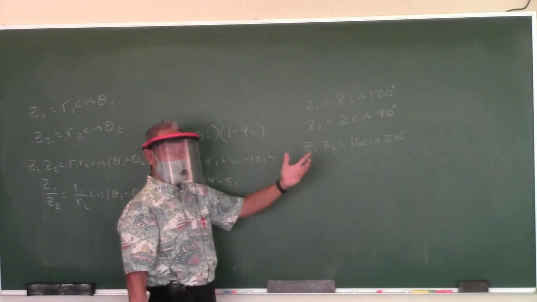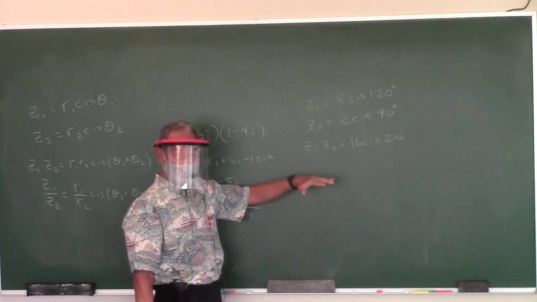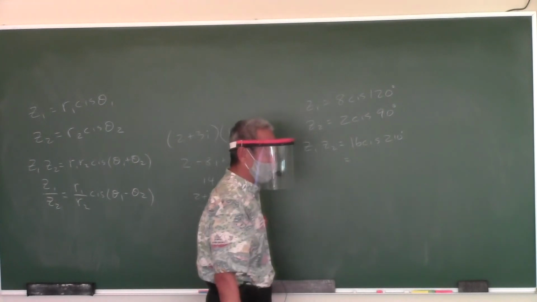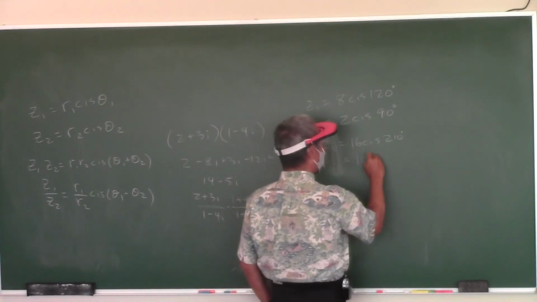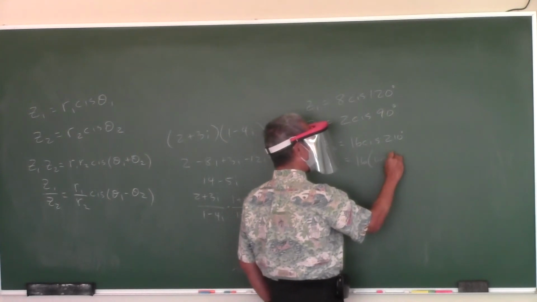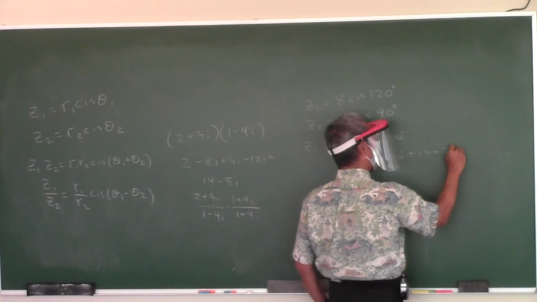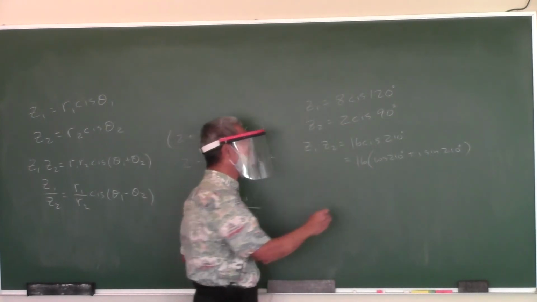And then of course, most of the problems on the test, you're gonna have to change it back into a plus bi form. And remember how to do that? We just did it 5 minutes ago. What is cis an abbreviation for? Cosine 210 plus i sine 210. After a while, you don't even have to write it down. You just do it in your head already.